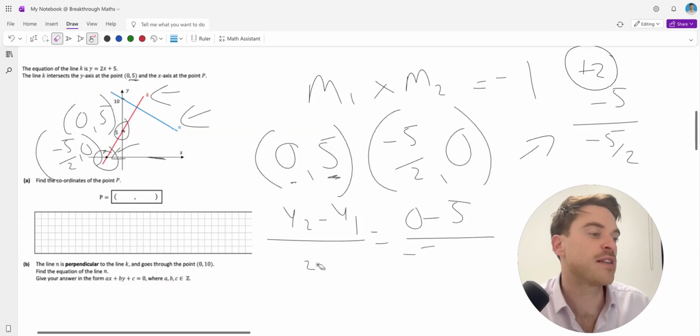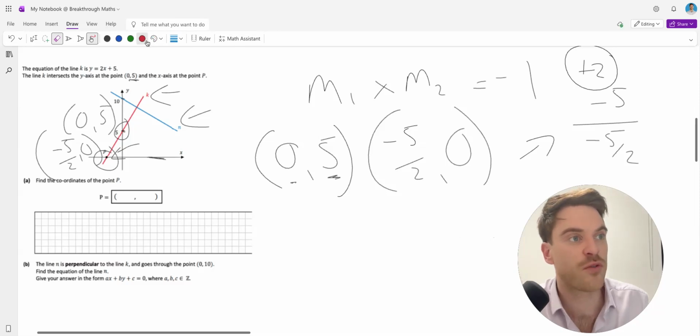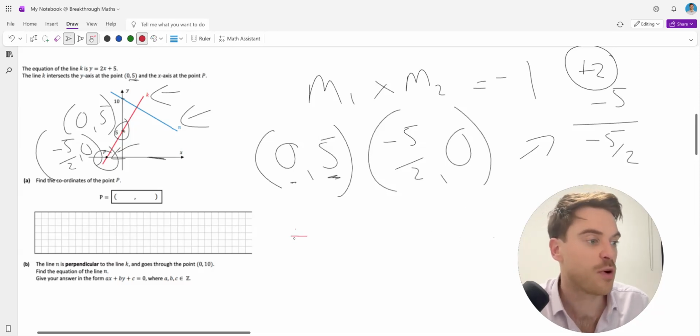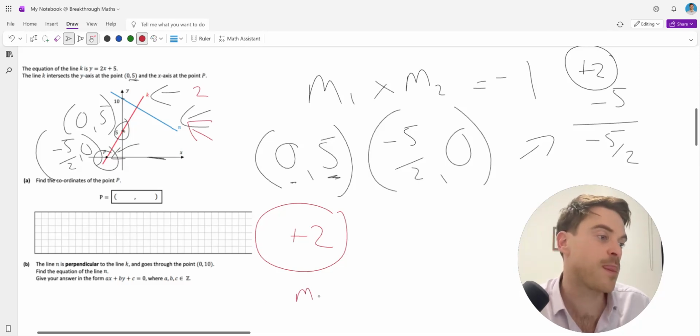And so someone tell me the perpendicular slope of +2. What is the perpendicular slope of +2? The slope of this line here was +2. We want to get the slope of this line here because it's perpendicular, and we learned that m1 by m2 is equal to -1.